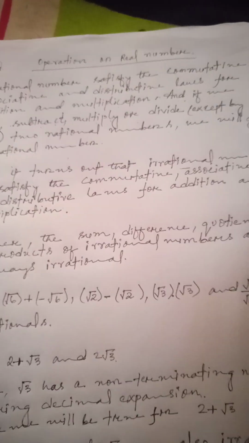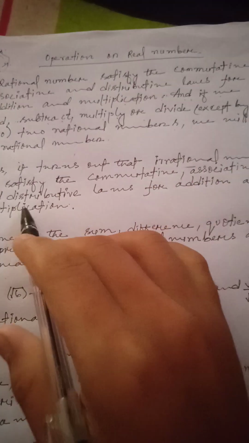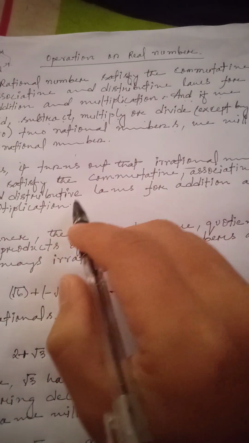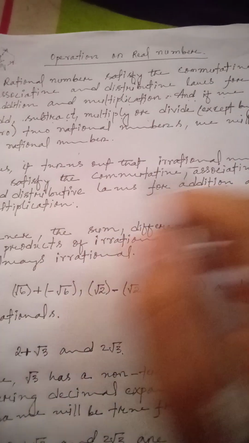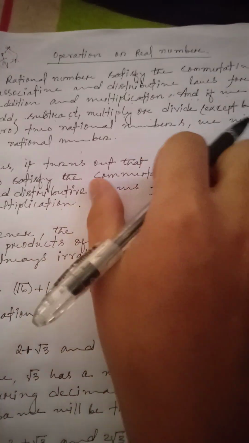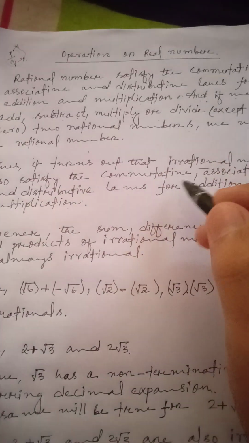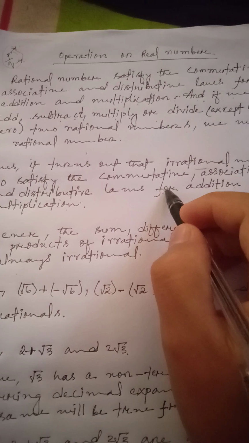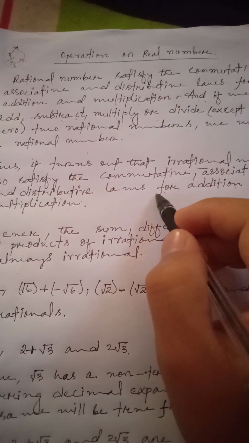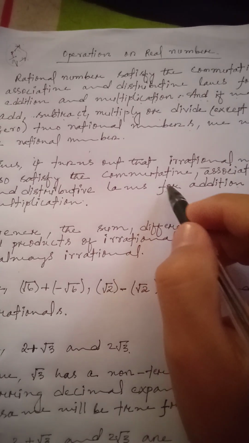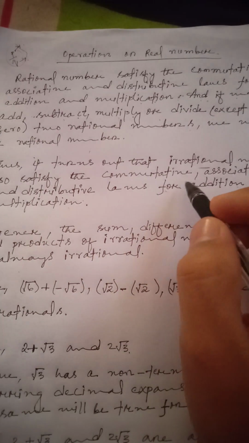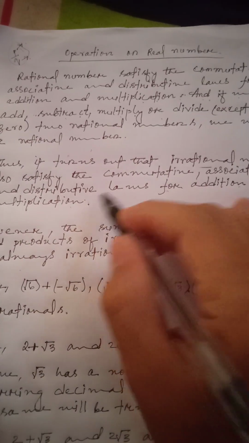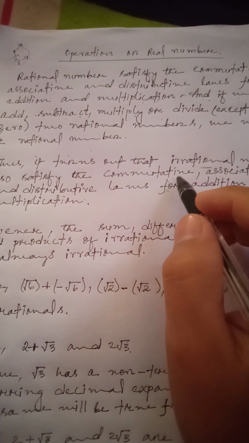Now even in the case of irrational numbers, they satisfy commutative, associative and distributive laws for addition and multiplication. Actually, we do not need to explain these definitions much further, because we already studied them in earlier classes like class 8. So that's all for this.